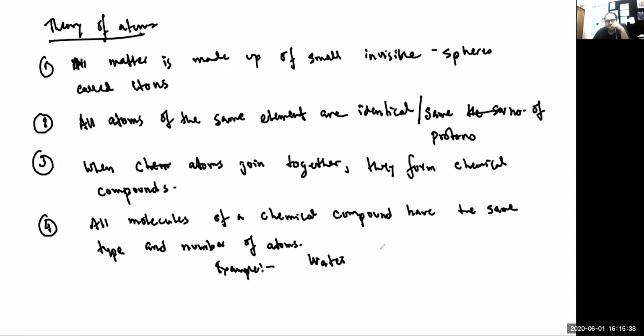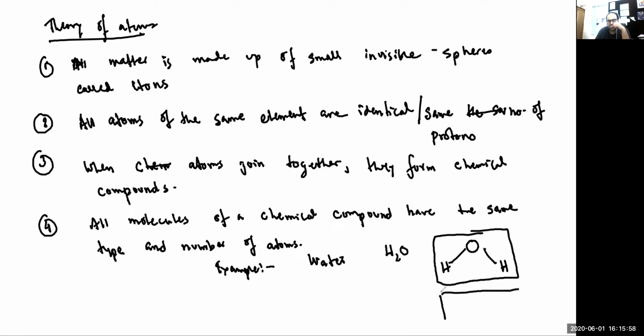So water is H2O, which means that it has oxygen bonded to two hydrogens. So this is one molecule. And when there are multiple molecules joined together, they form compounds, right?